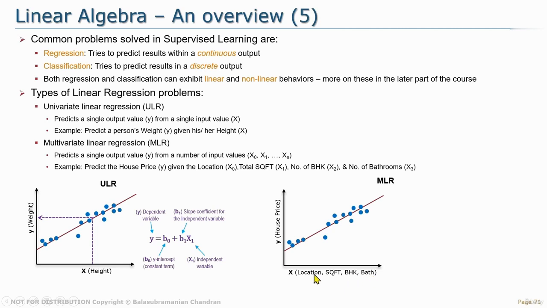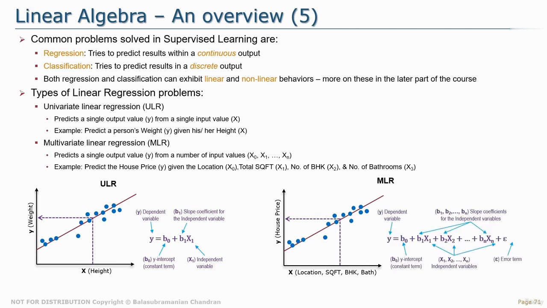The dependent variable is the house price. We plot a line graph with the independent variables and the dependent variable on the x-axis and y-axis respectively. From this line graph, we can find out the house price for any given location, square feet, BHK, and the bathroom. Like this. Hence, it is called the multivariate linear regression problem.